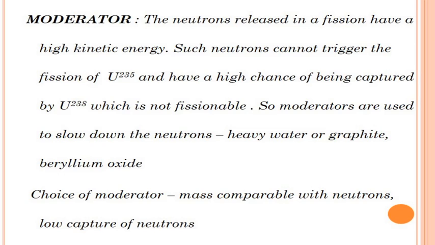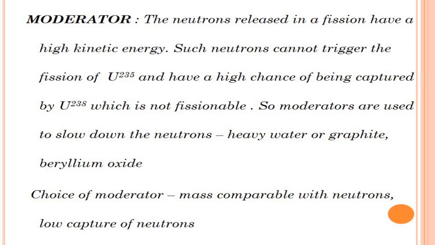Now, how can we choose a good moderator? We know that we are going to slow down the neutrons with the help of moderator. So moderator must have a mass comparable with that of neutrons. What is the function of moderator? Moderator has to slow down the neutrons, isn't it?